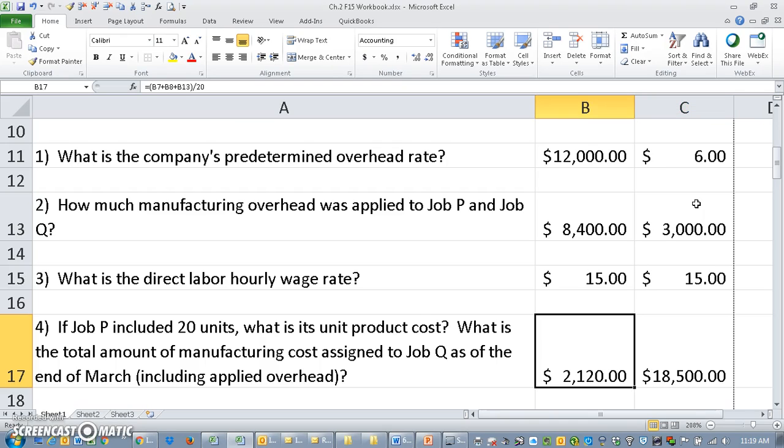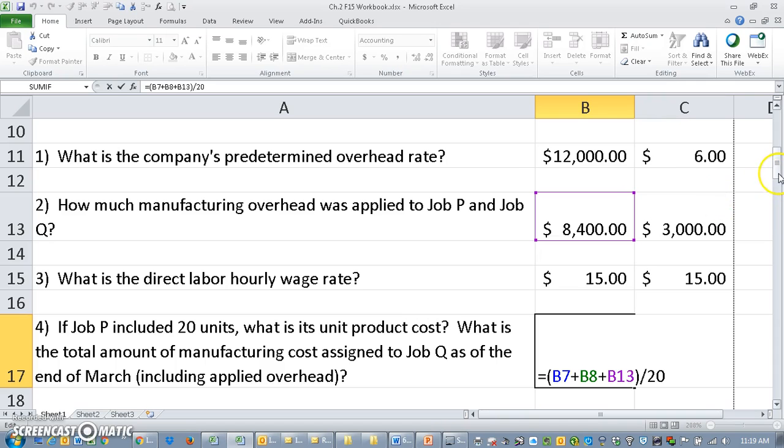Okay. Question 4. If job P included 20 units, what is its unit product cost? And what is the total amount of manufacturing costs that's been assigned to job Q as of the end of March, including the applied overhead? Okay, so first we're going to tackle the first question. If job P included 20 units, what is its unit product cost?